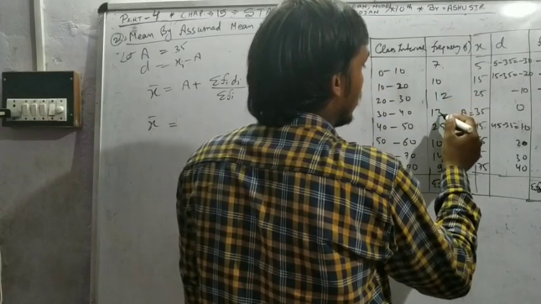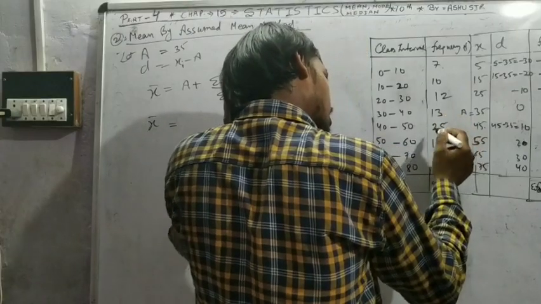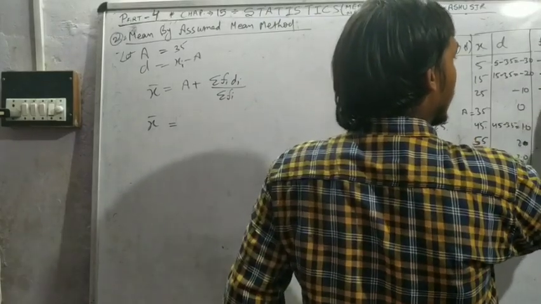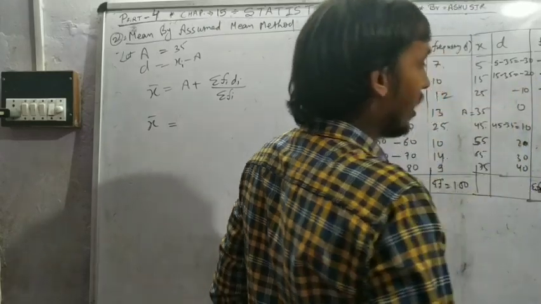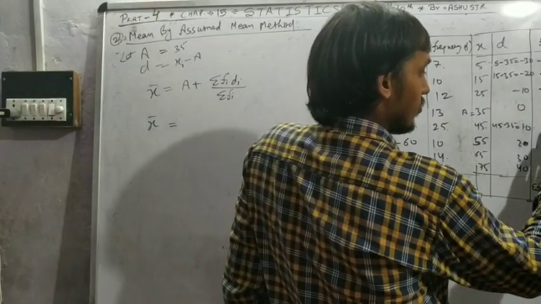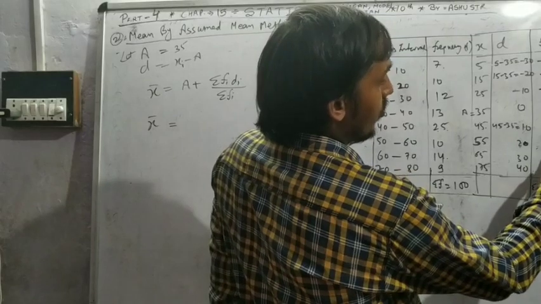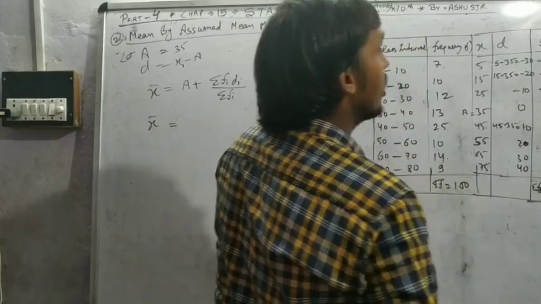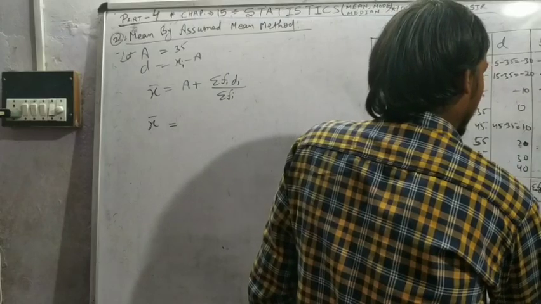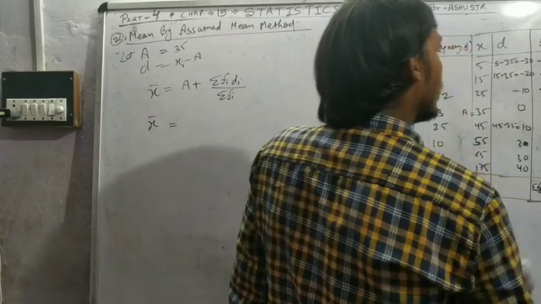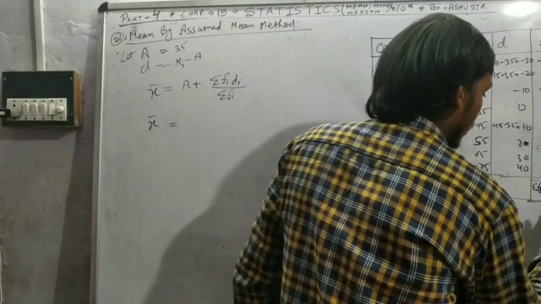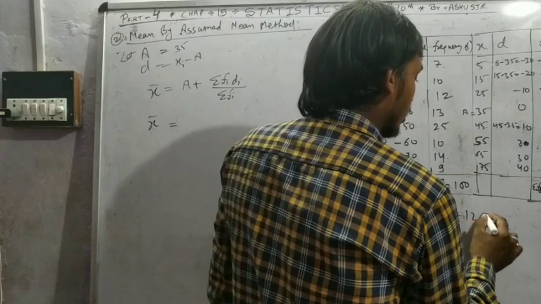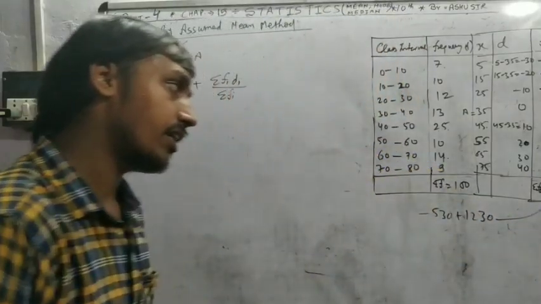The negative values total minus 530, and the positive values total 1230. So we get 700 plus.